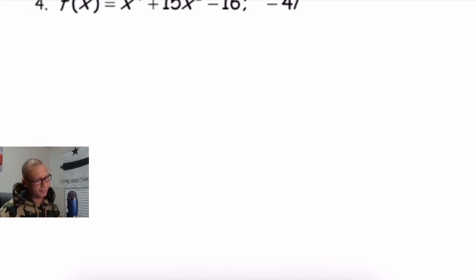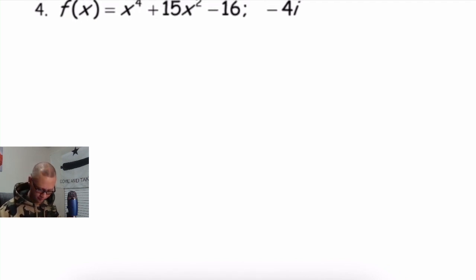All right, this one's going to be fun, I can already tell you. So the second root immediately, because we know complex numbers come in pairs. So this is going to be 4i. Doesn't matter which one we use first. Let's use the negative one just to get it out of the way. So -4i is what's going to go in the synthetic division box.